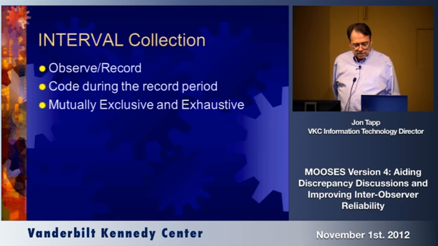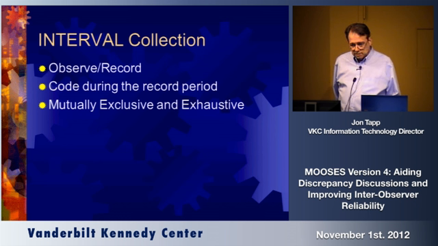For interval collection, again, we observe for a set amount of time. With Procoder, the tape can stop and you can make your ratings and then play the next segment of tape or video. Some people will do this in real time with a partial interval. They'll watch a section of time and then code for a section of time and then watch for a section of time.